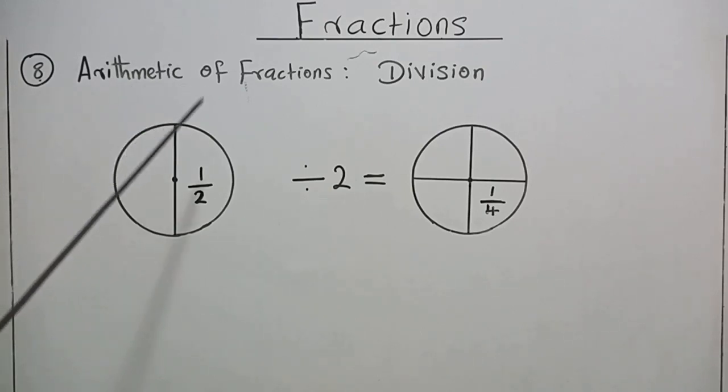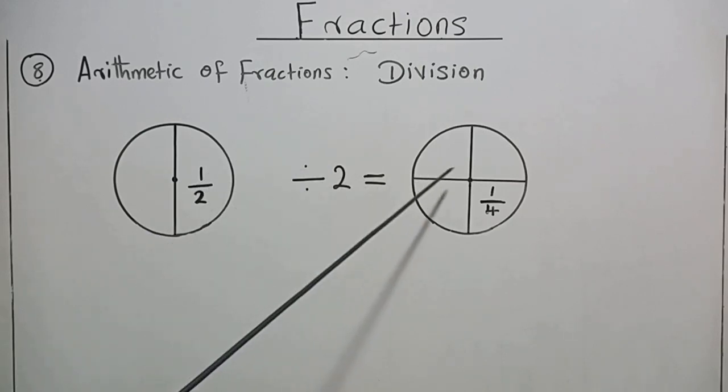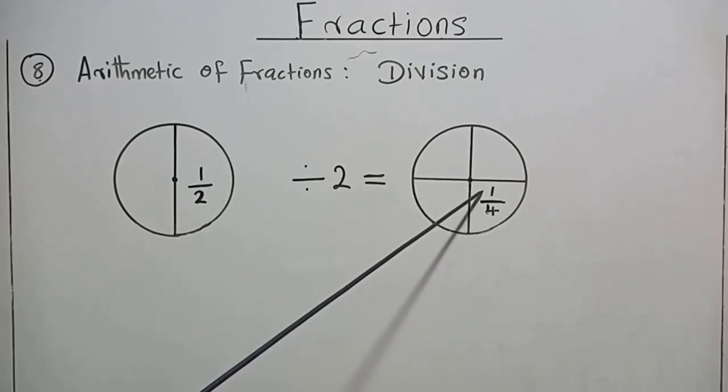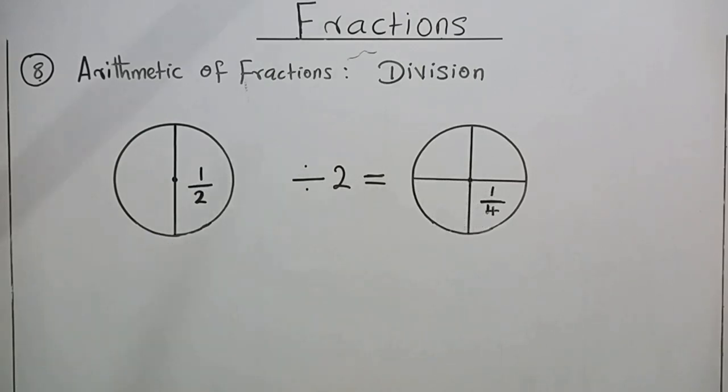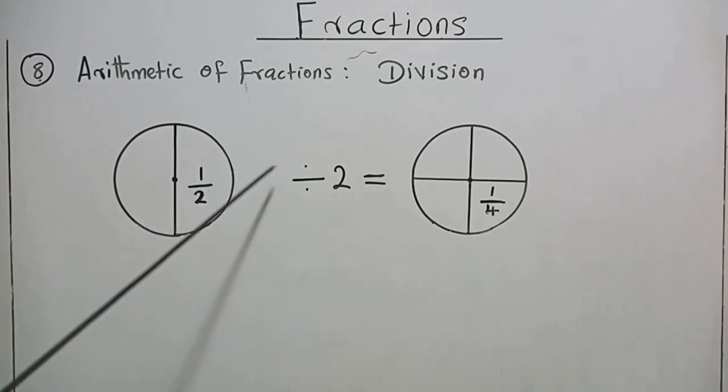The name of this portion before division is 1/2, but the name of each portion after division is 1/4. What it means is that the reason why it has become 1/4 is that 1/2 was divided by 2.